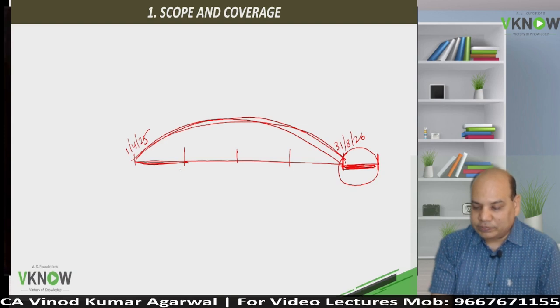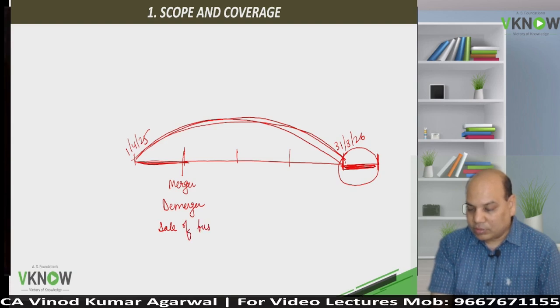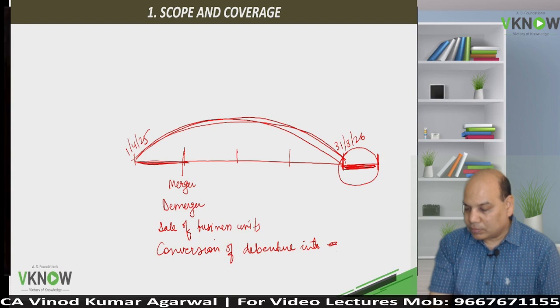For example, there can be some merger or demerger or sale of business units or conversion of debenture into equity share or issue of new shares.